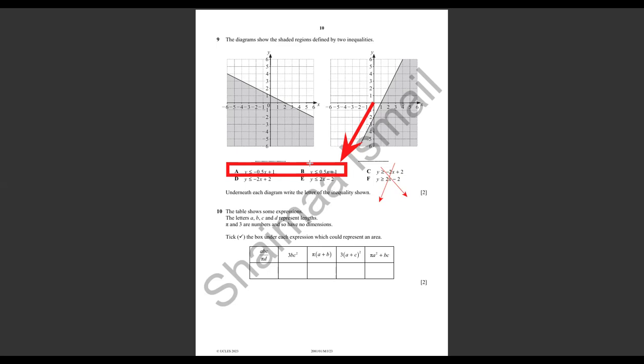Increase or decrease? The slope here is moving like this. So it is decreasing. So here it has a negative coefficient of x, or a negative number with x coordinates. So it would be equal to A. Okay. So this one will be equal to A.